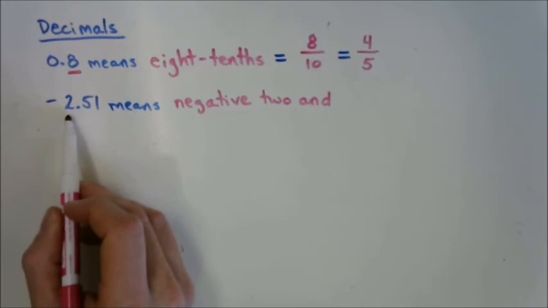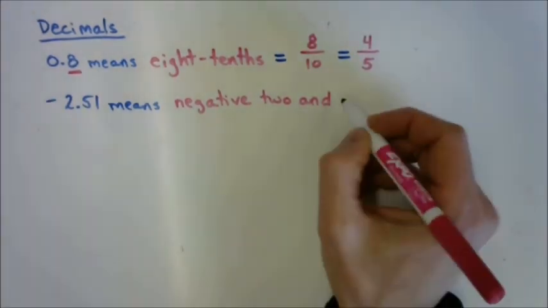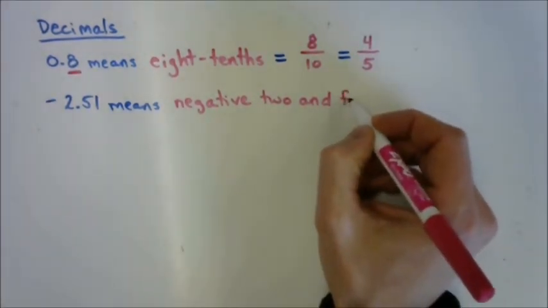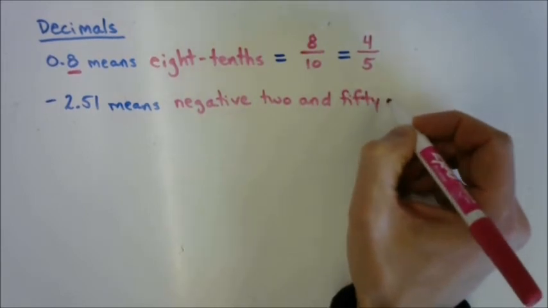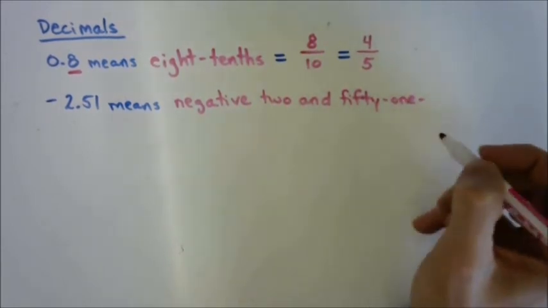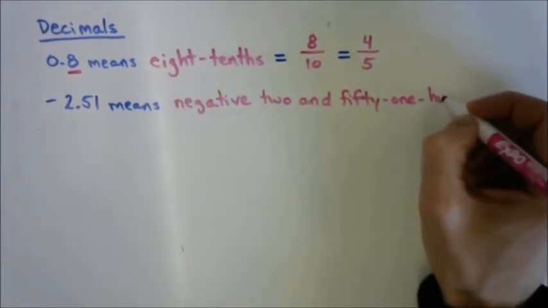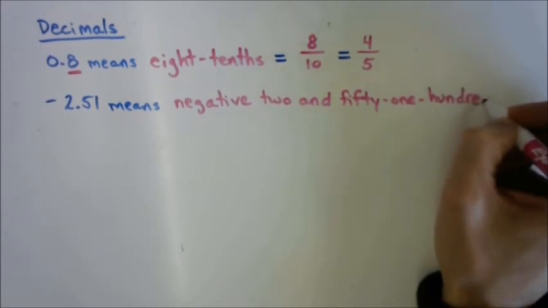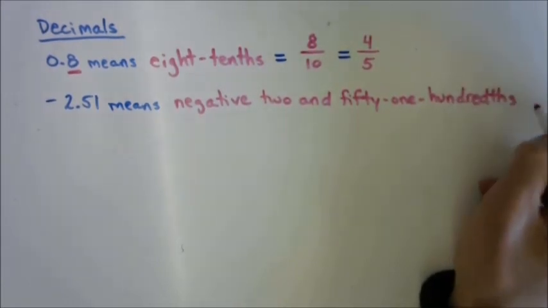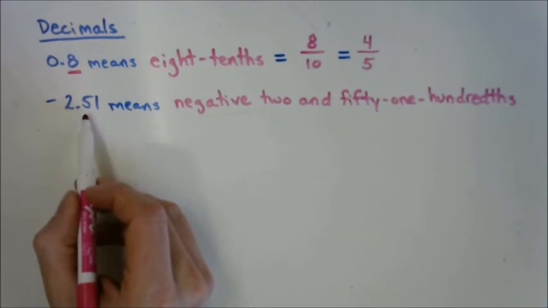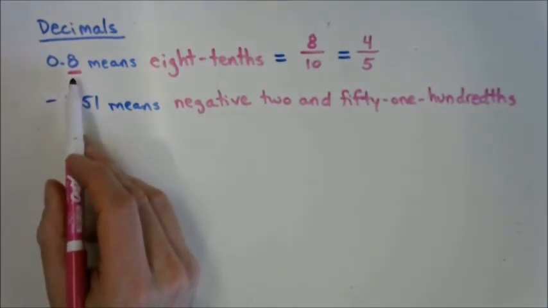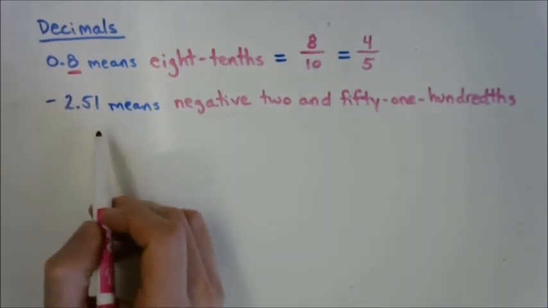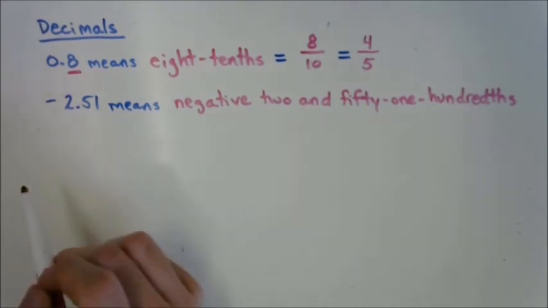So we have 2 wholes, and we have 51 hundredths. So you can think as you go down the decimal places, 1 decimal was tenths, 2 is hundredths, 3 would be thousandths, 4 would be 10,000ths.